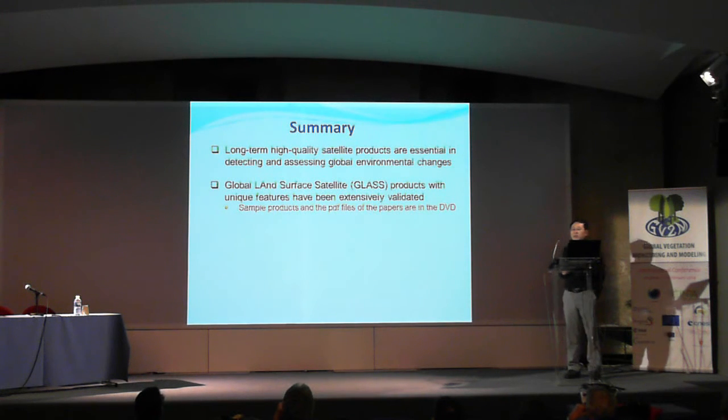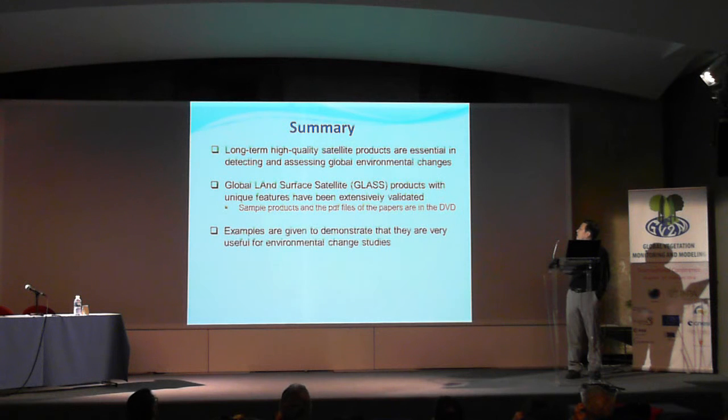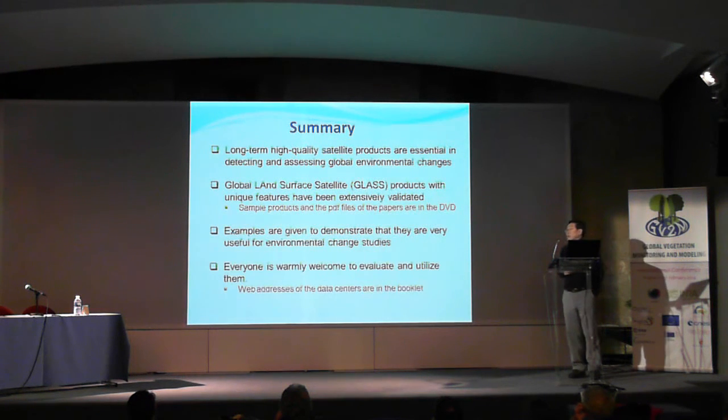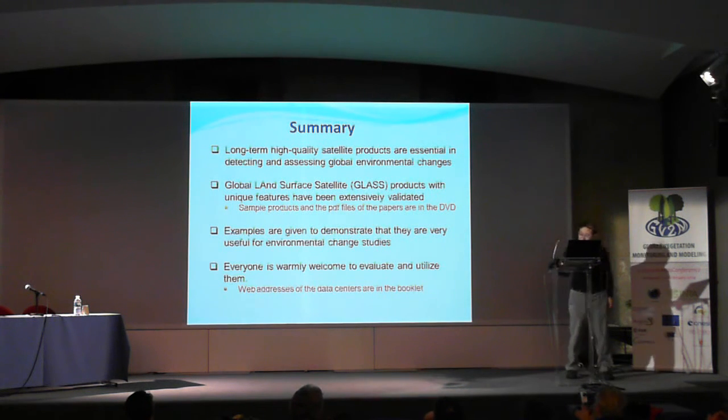Long-term high-quality satellite products are essential in detecting and assessing global environmental changes. GLASS products have some unique features and have been extensively validated. I put some DVDs outside in the conference room, including some papers and sample data. There are also some brochures outside about the data site, website and other information. That's all I have. Thank you.